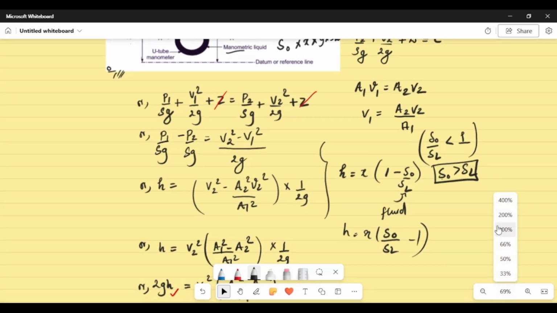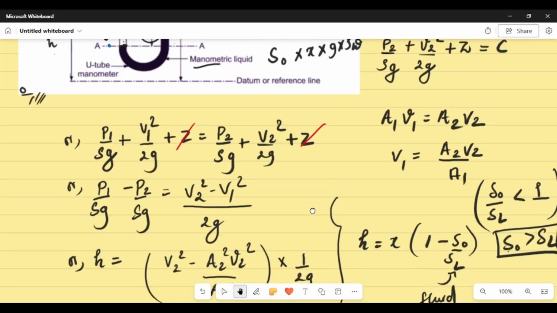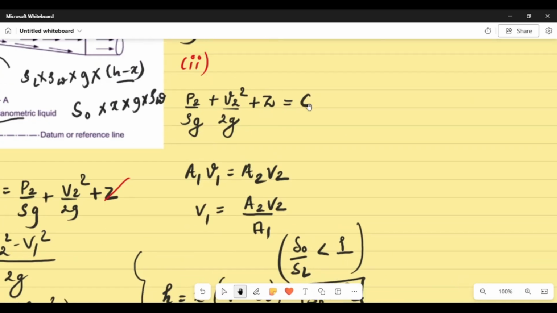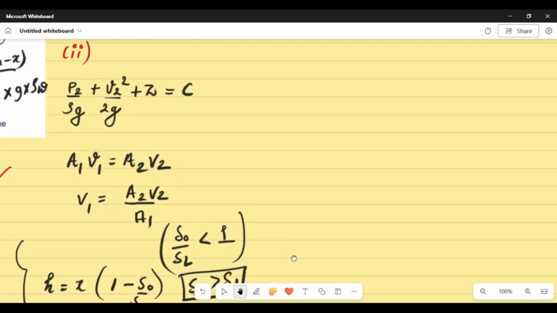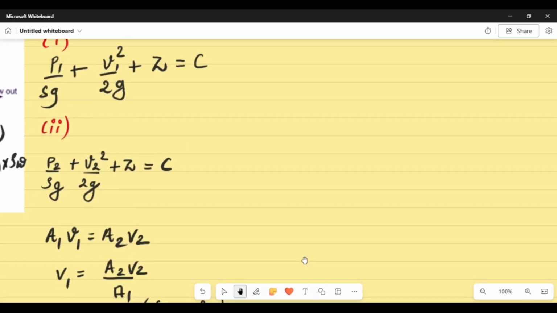So this much is the discussion for today. After you know this, you have another term here, that is the flow rate. What is flow rate? It's the mass flow per unit time.